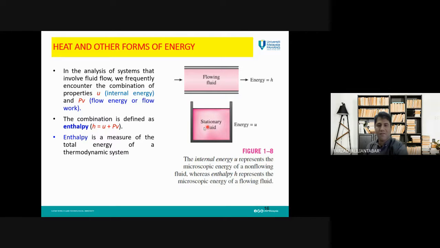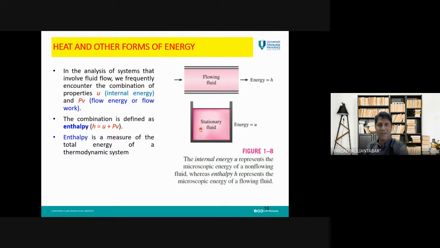The temperature of this liquid, for example, is 50 degrees Celsius. After a while, the temperature will reduce. Why? Because the temperature outside, for example, is 30 degrees Celsius. Then we have heat transfer from this tank to the outside.